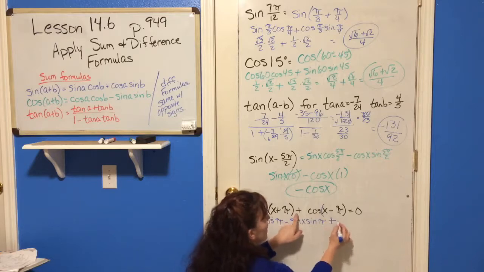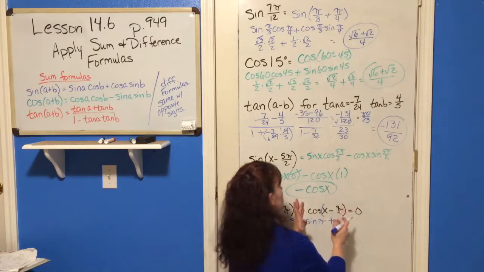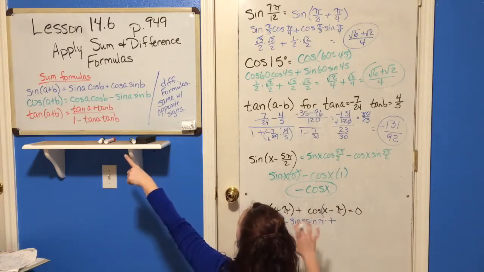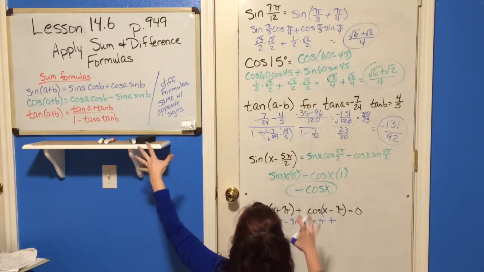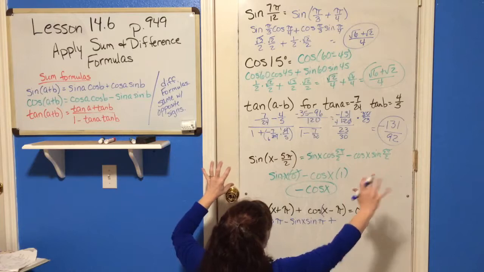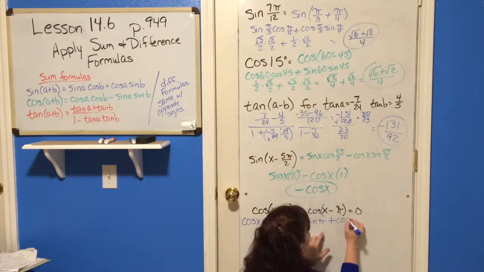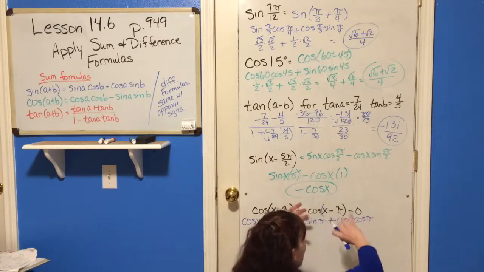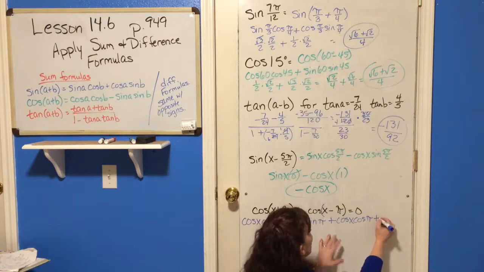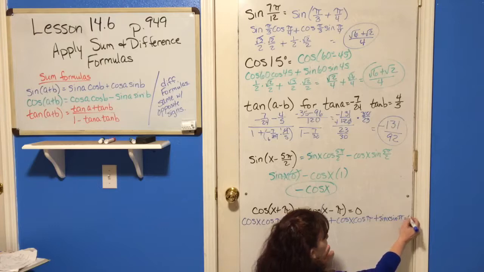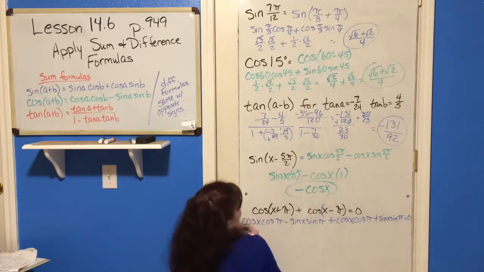Now we're adding this part, cosine of x minus pi. So now we're going to do the difference formula. We're going to do the same thing, cosines and then sines, but now we're going to add in between. So cosine of x, cosine of pi, and we're going to add instead of subtracting, and now we're going to do the sines. Sine of x, sine of pi, and I'm glad it equals 0 and not some long crazy thing.